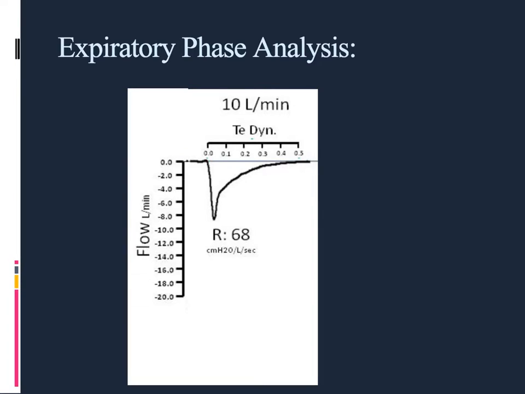So this is a detailed view of the expiratory phase using a positive pressure breath to the NeoPuff, and you can see that we've got a nice sharp expiratory waveform here with a high peak expiratory flow, and the TE dynamic is, even at the 10 liters per minute, about between 0.4 and 0.5 seconds before we get equilibrium between lung pressures and circuit pressures.